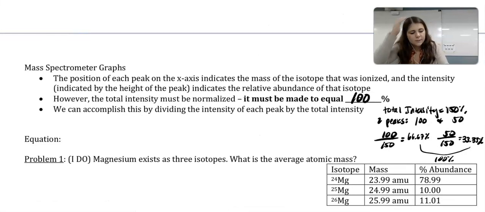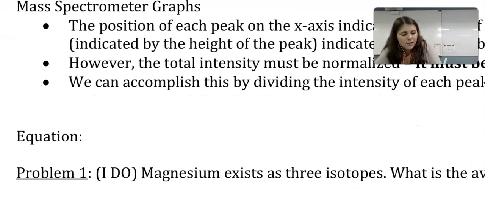All right. So here, once we have 100%, you're actually able to calculate the average atomic mass if you're given a mass spectrometer graph. So here, I'm going to show you the equation. I'm going to use AAM, and that's for average atomic mass, just because it's a long word.